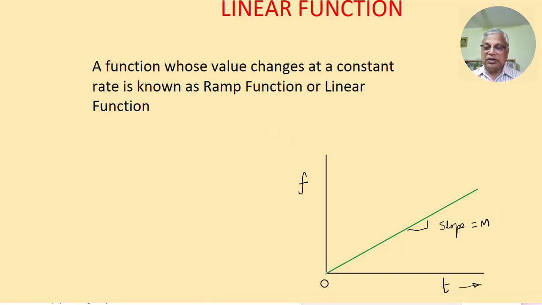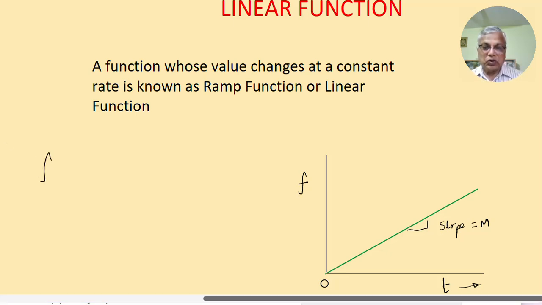So the equation for this will be f of t equal to 0 for t less than 0. Of course, we are not concerned with the period t less than 0. We are concerned with the period t greater than 0.